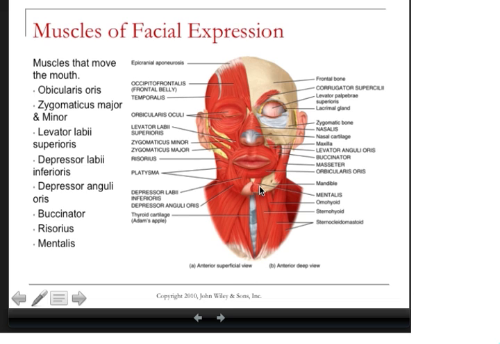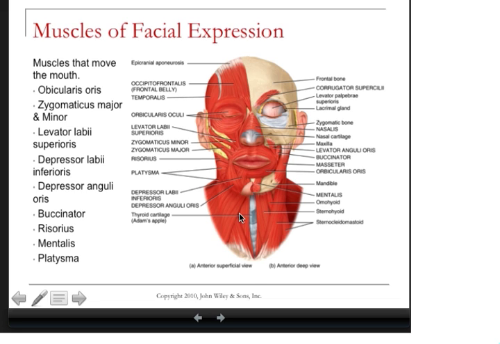Mentalis you might use, for instance, if you were, say, sucking on a straw. Okay, it would help sort of wrinkle the lower lips. The platysma we've already talked about as well. That is a muscle that allows you to, again, wrinkle the skin on the lower jaw and on the neck.